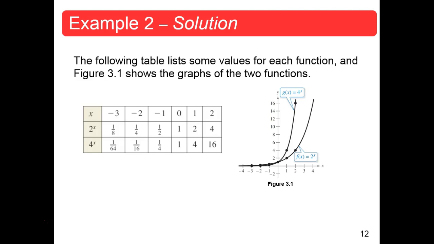But then when you get to higher bases, they rise more sharply after they pass through 1. On the other side, the 2 to the x is more gradual and it's approaching 0. 4 to the x is very sharp in approaching 0. So they're lower on the left-hand side, higher on the right-hand side as you go up in bases. Okay. And those are a few of the representative values.